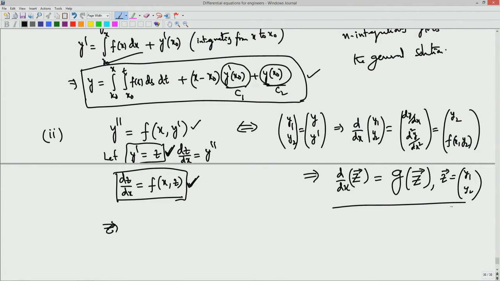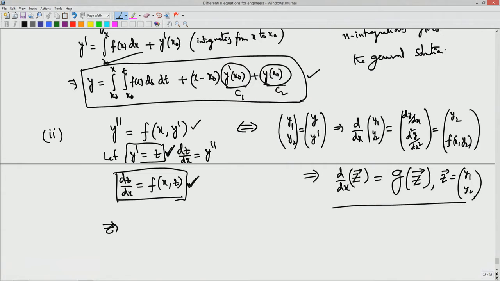Okay. So, like that you can convert any nth order equation into an equivalent first order system of equations, or first order equation for the n by 1 vector. Okay. It is like this, these are n rows and 1 column. Why have we seen this?